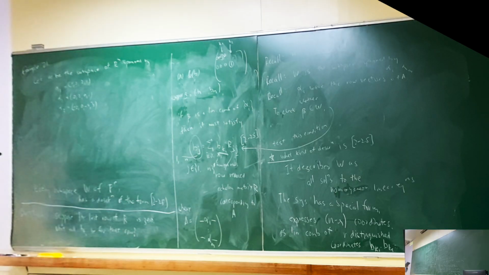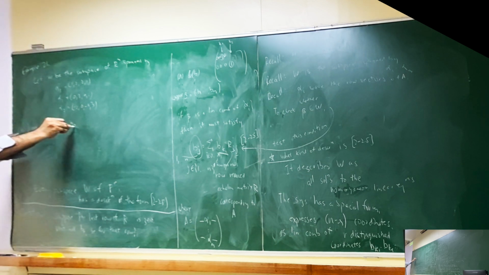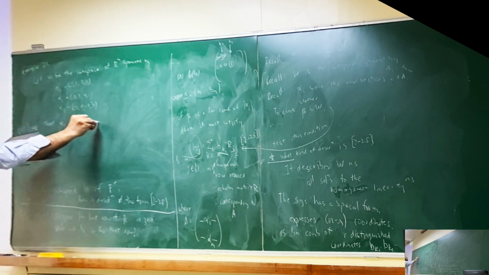We're just looking at one explicit example to make sure we understand the words. The first step that we want to prove is that alpha 1 and alpha 2 form a basis.